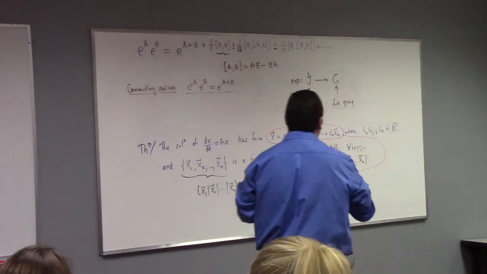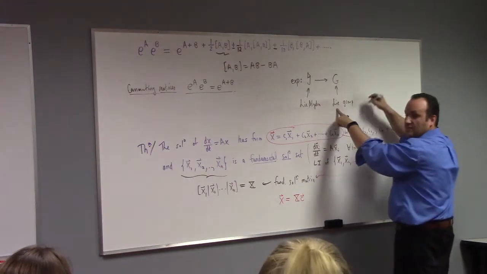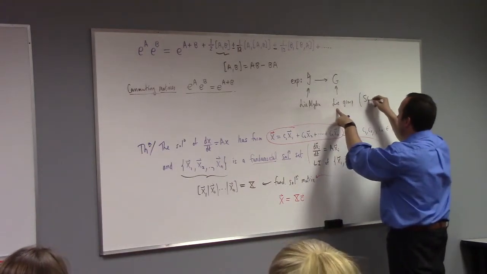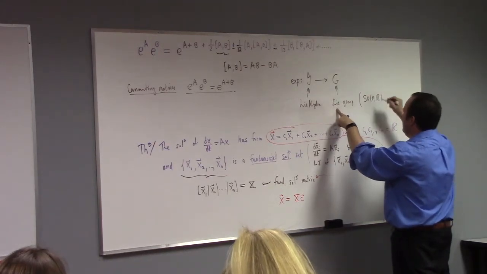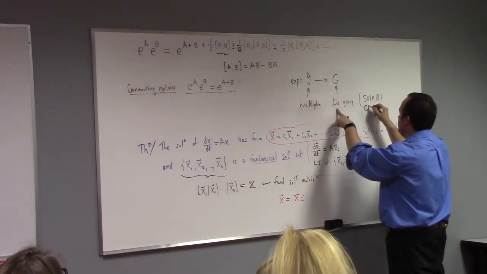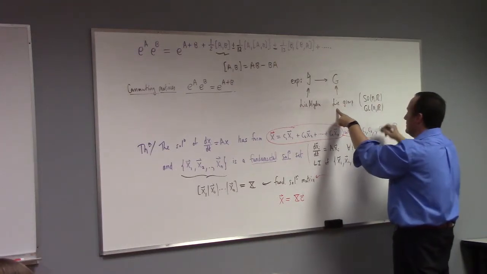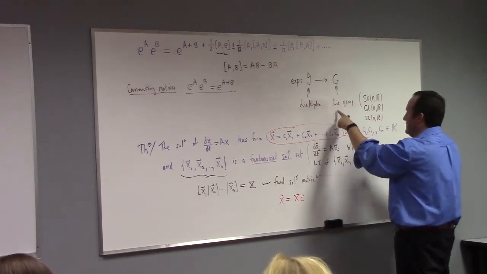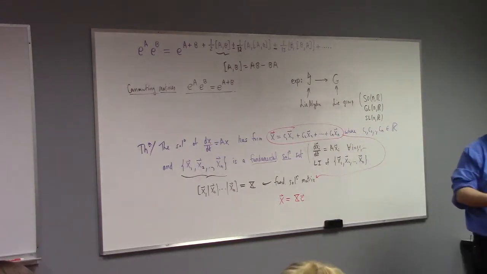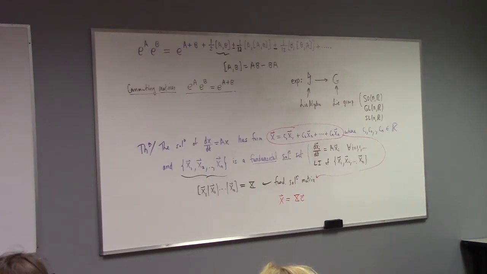We've talked about some Lie groups. Some examples of this would be SO(n). That's a Lie group. We also talked about GL(n, R), that's a Lie group. We talked about SL(n, R), that's a Lie group. All of these matrix groups that we've run into this semester are examples of what are called Lie groups. What's a Lie group? It's the exponential of a Lie algebra.